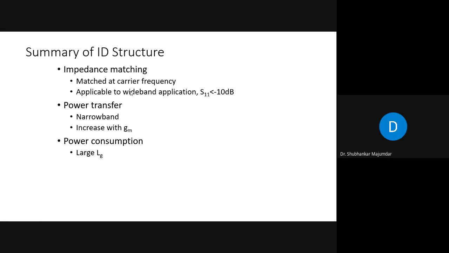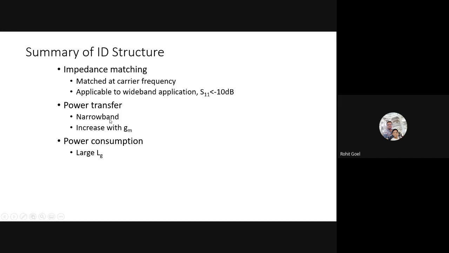For this reason, I have written 10 gigahertz, but the bandwidth is 100 megahertz, so I have written narrow band power transfer.